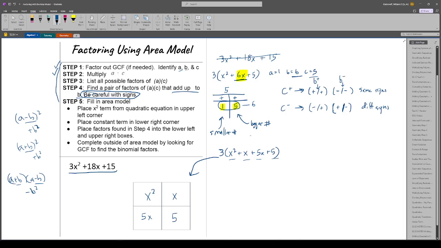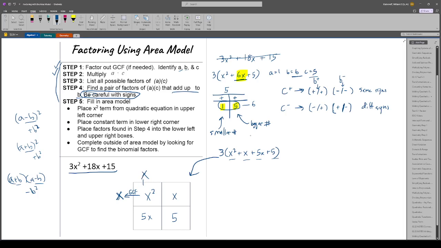Now to get started, we want to fill in the outside. We look at this top row right here, and we take out whatever the GCF of that top row is. So the GCF of this top row is just x. From there, we can use the boxes and puzzle everything else together, because I know that x times this number up here makes x squared.